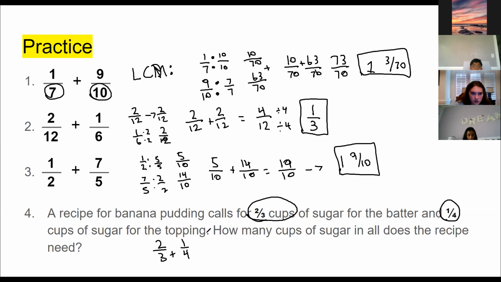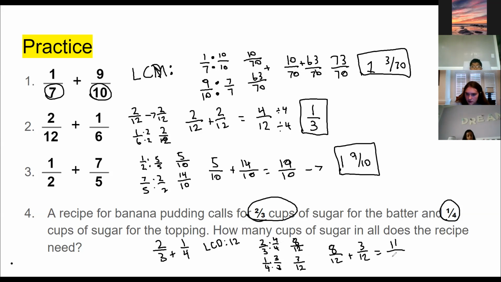The least common denominator in this situation is 12 because 2/3 and 1/4 times 3 over 3 and 4 over 4, we get 8/12 and 3/12. So 8/12 plus 3/12 equals 11/12. And that's the answer for the last one. Okay.